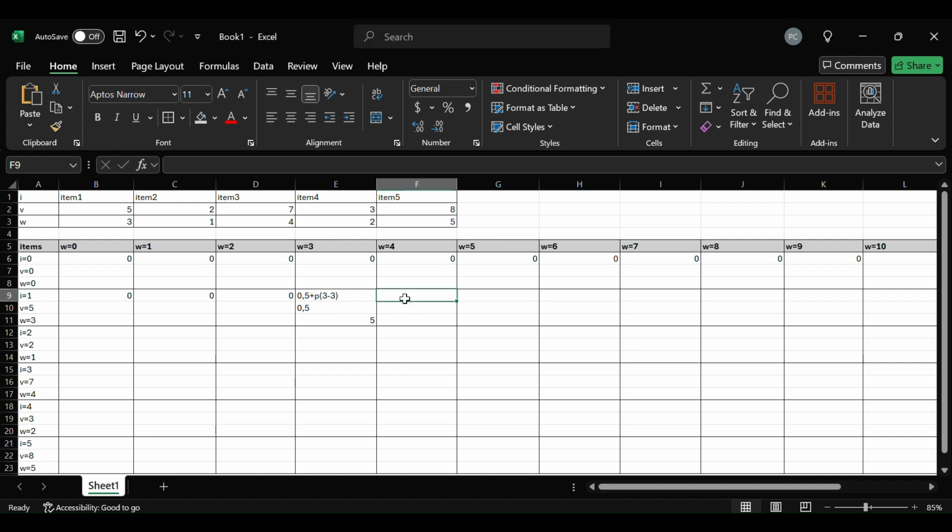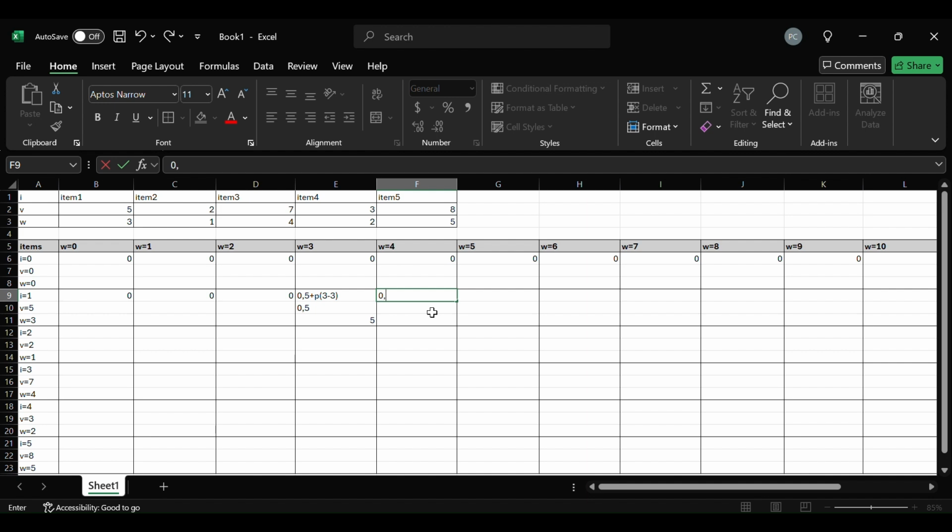Then we'll move on to this next block. For this block, our weight limit is 4. So we can pick up this item, right? So now we'll make the decision again. If we do not pick up, our value is 0. So I get it from this block at the top here, right? The block above it, 0.